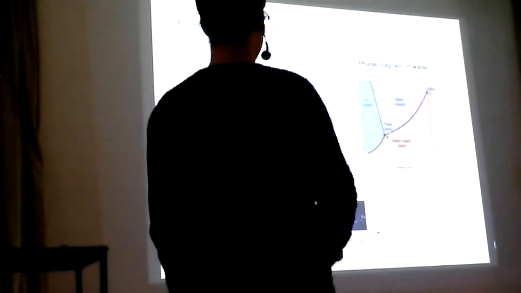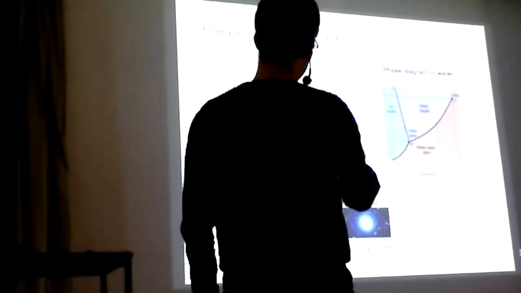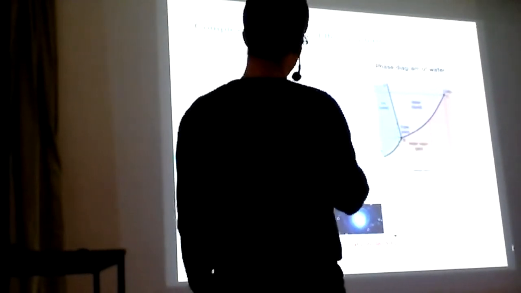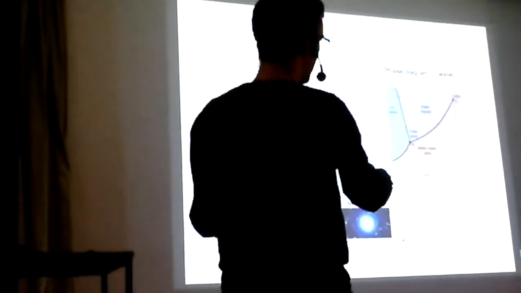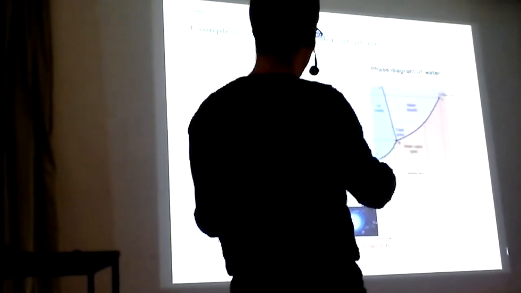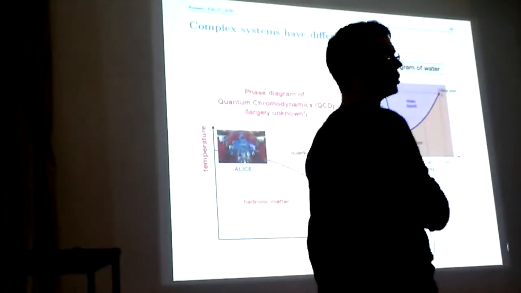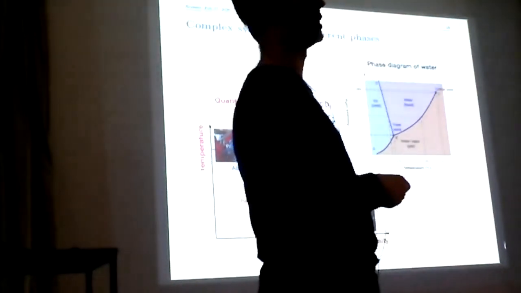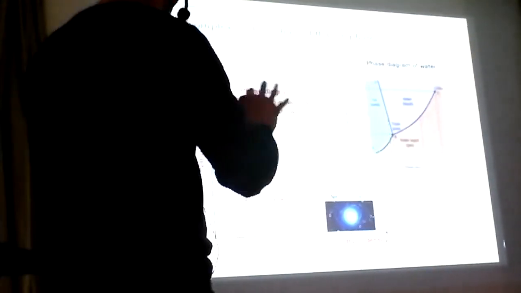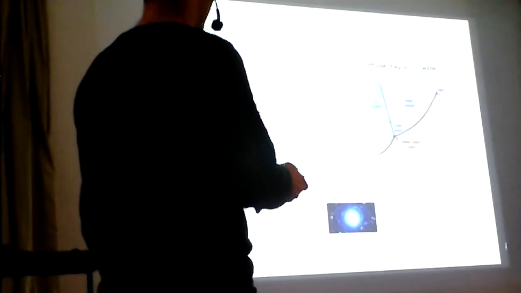The quark-gluon plasma sits here, and we would like to understand where this line is. Notice I've not put any numbers here. Here in water, obviously we know where these phase transitions happen. Here I was very schematic, and the main reason is we don't know. I could have put some more details, we know a bit more, but roughly speaking, many details are just completely unknown. It's just too hard to solve this theory.